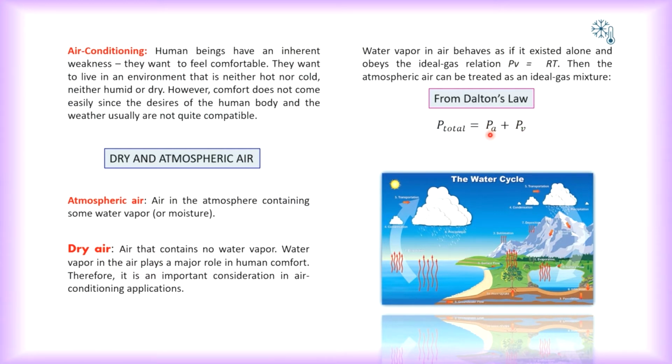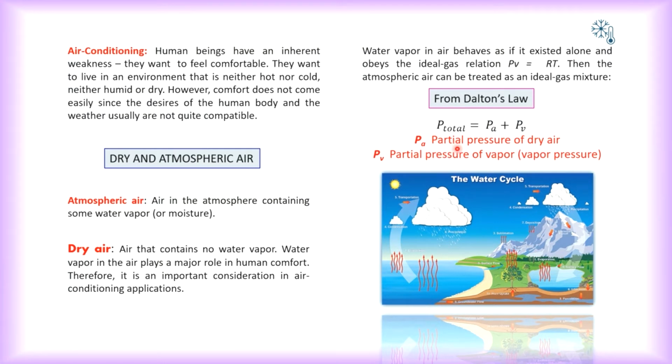So P_a stands for partial, P-A-R-T-I-A-L, of air, and the other is the partial pressure of water vapor. When you add them up, you get the total pressure of the surroundings, which we can call the atmospheric pressure if this is atmospheric air.